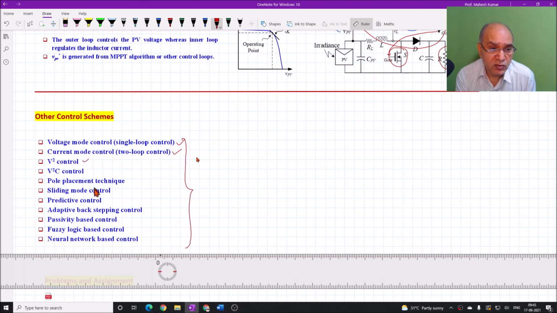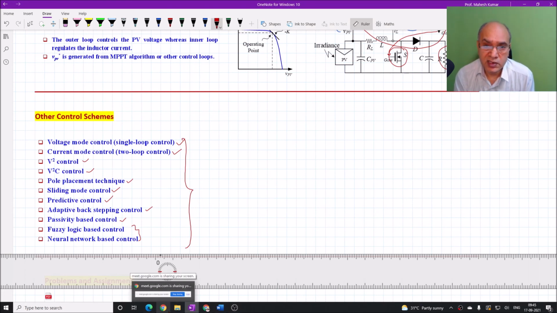Then V square control, V square C control, pole placement techniques, sliding mode control, predictive control, adaptive backstepping control, passivity based control, then there are artificial intelligence based controls. There are a large number of control schemes that are available for these converters. What we have discussed are most generic so that you can take a lead from these steps that we have discussed.